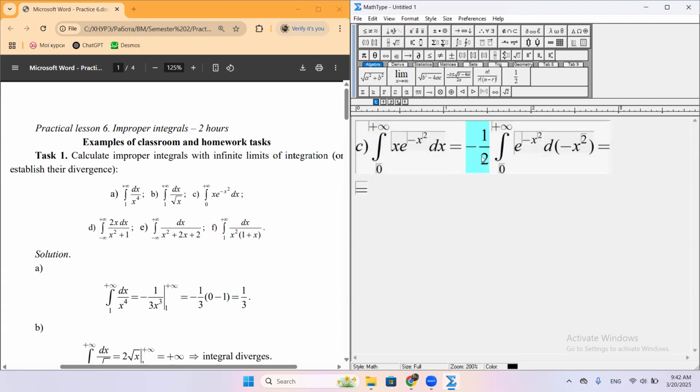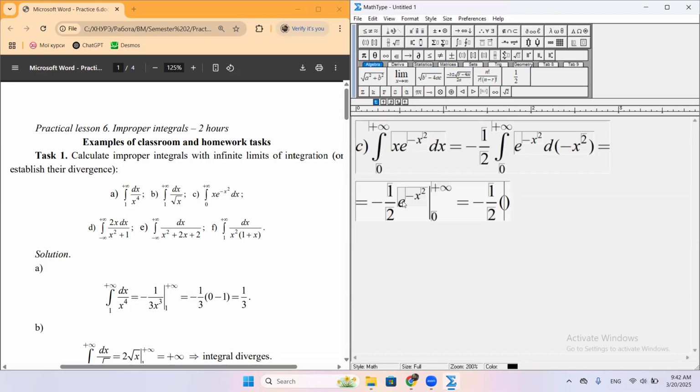And now let's integrate. But actually, what to integrate if we have the following answer? Exponent of minus x squared, and with substitutions from 0 to plus infinity. So what do we have? Minus 1 over 2.